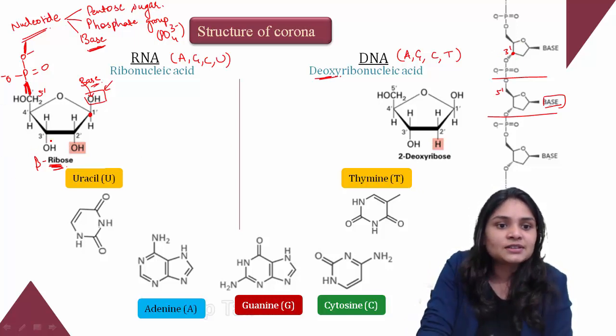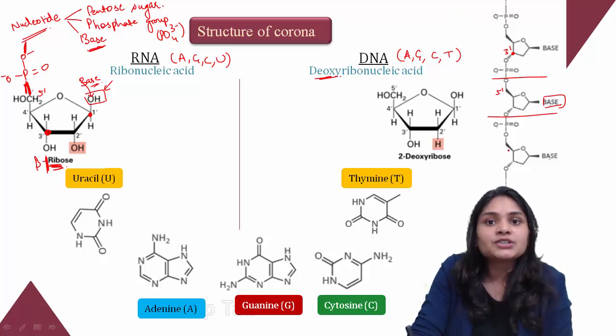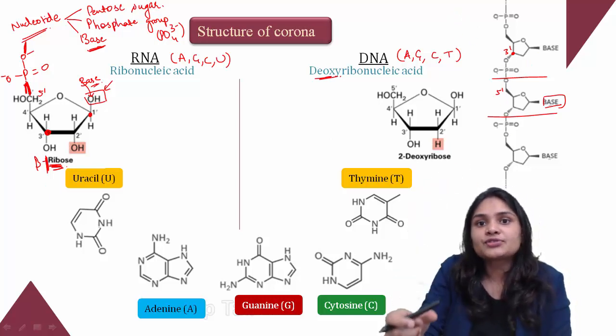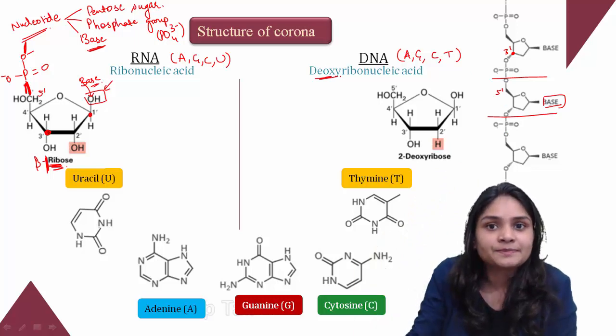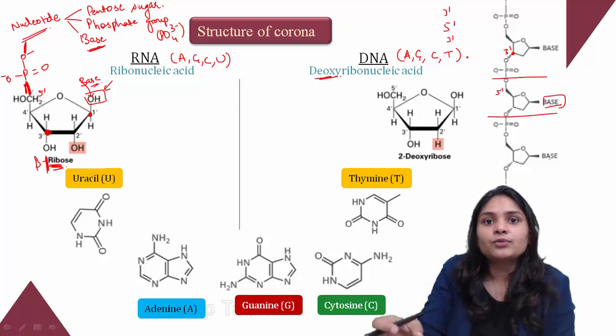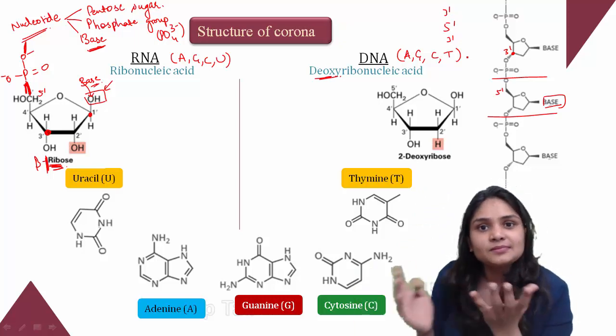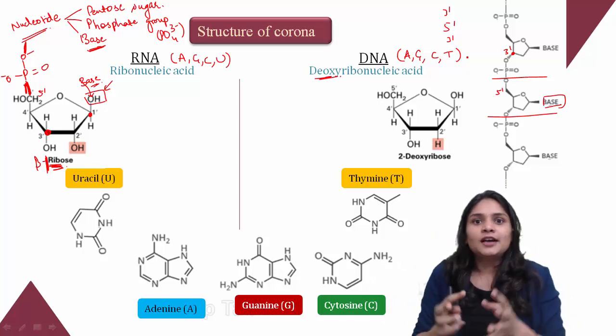See over here, this is the carbon atom which is linked to phosphate. So basically 5', 3', 5', 3', this is how a strand is formed. This is how you form one strand of RNA or DNA. Okay, now the strand is formed.